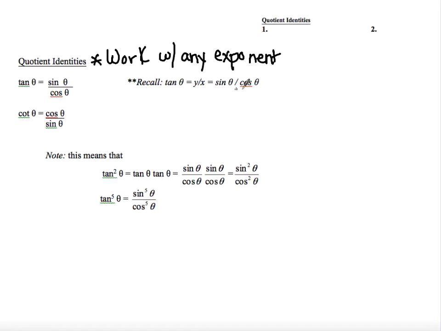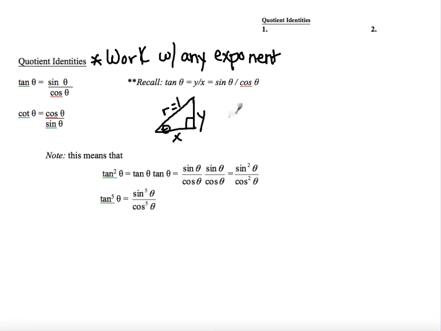What we're reminding you of here where it says recall tangent is y over x. Remember that triangle that we used in chapter 4 with the unit circle where we had our angle and then we said this is x, this is y, and this is our r value on the unit circle. That r value is equal to 1. When I look at this triangle, I can see that the tangent is opposite over adjacent, my tangent values are y over x.